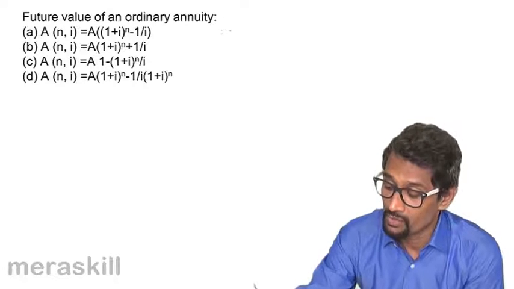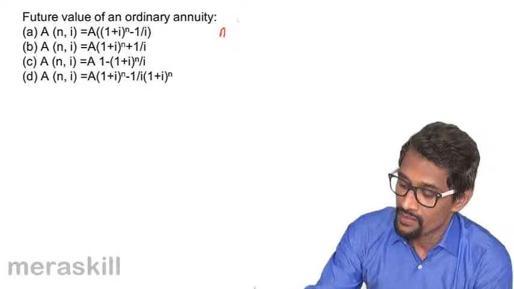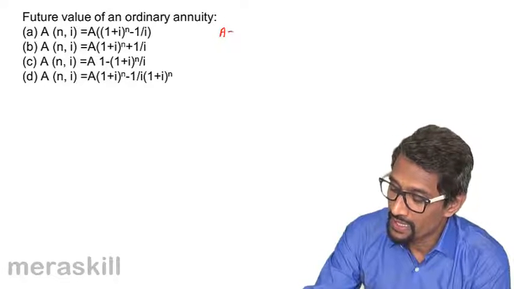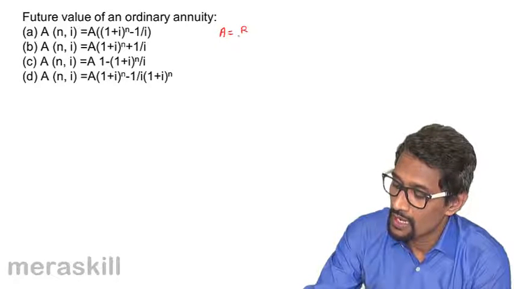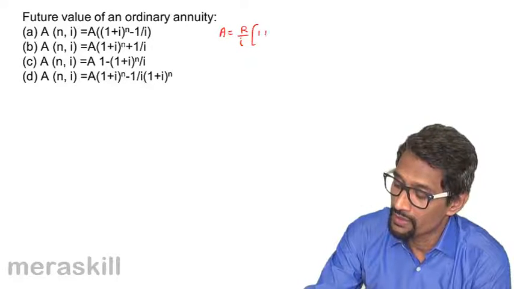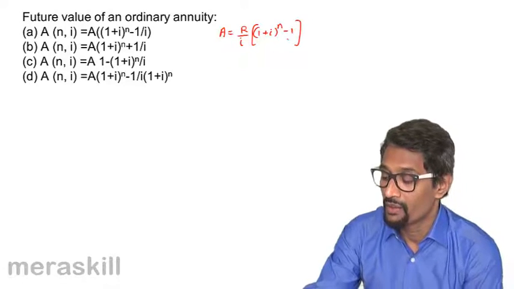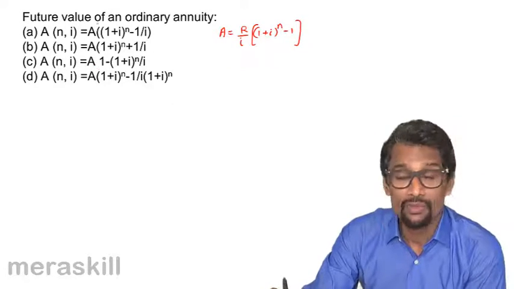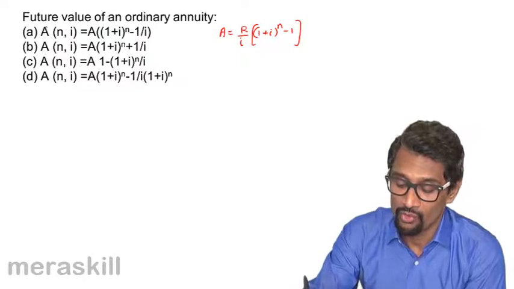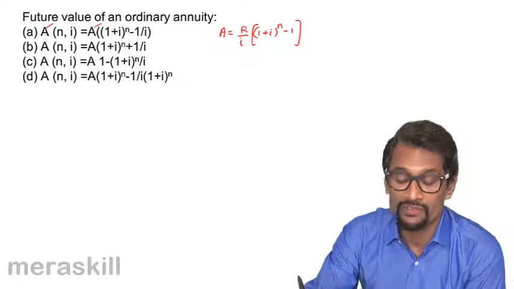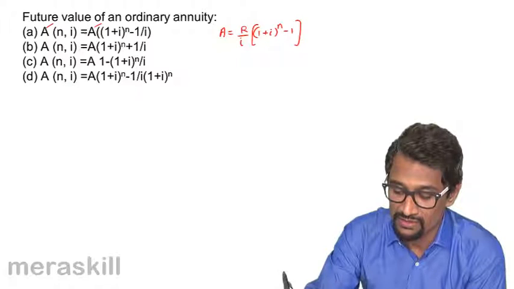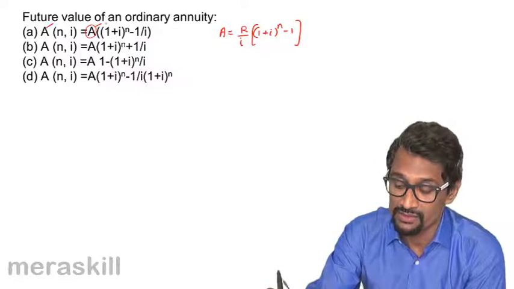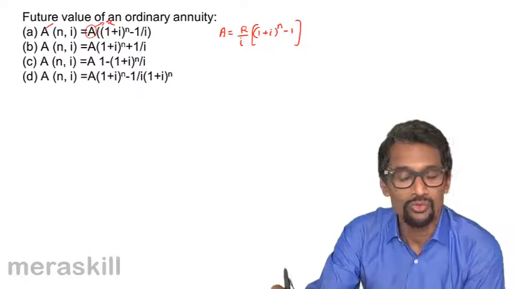We know that the formula is A equal to R upon I into (1 plus I raised to n minus 1). Here the A over here and the A over here are different. This is a future value, and they have taken this A as equivalent to R, so don't get confused.